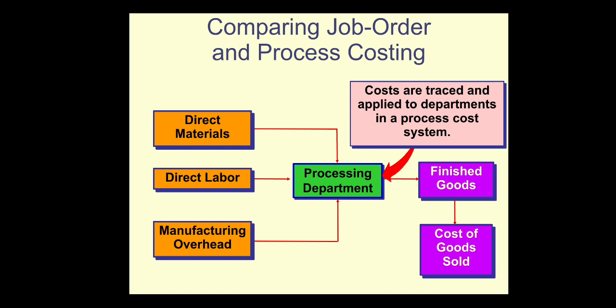There are many departments in the factory. So to calculate cost per unit, you have to calculate the cost to produce the soft drink in every department, and add all the department costs, and that is the total cost for the production. And then if you want to calculate cost per unit, the basic formula is total cost divided by total quantity.